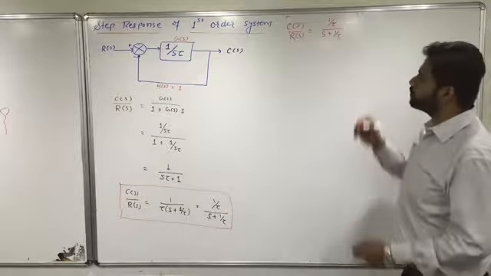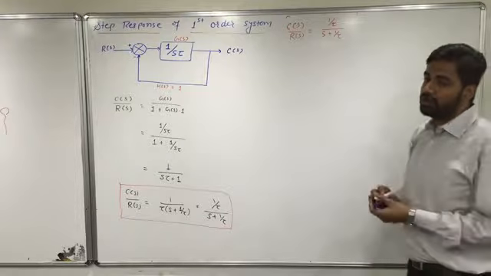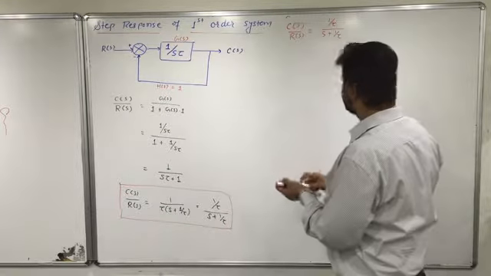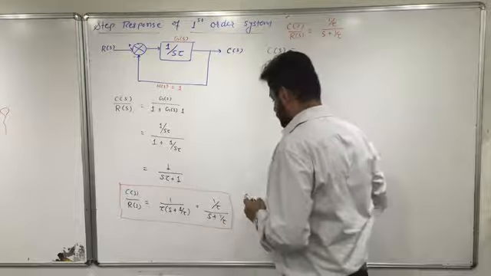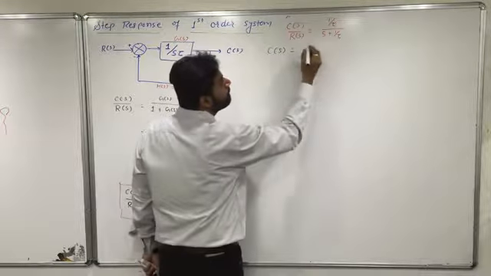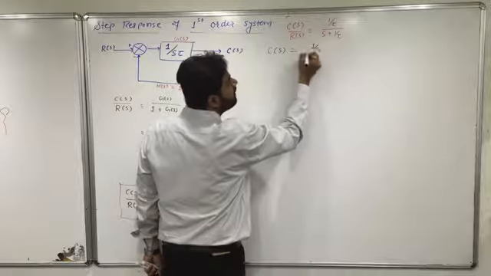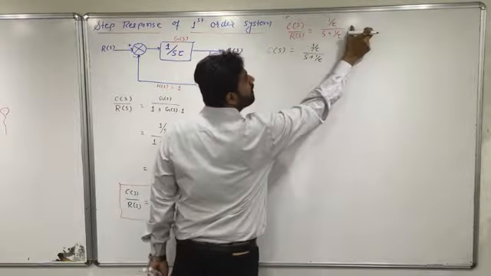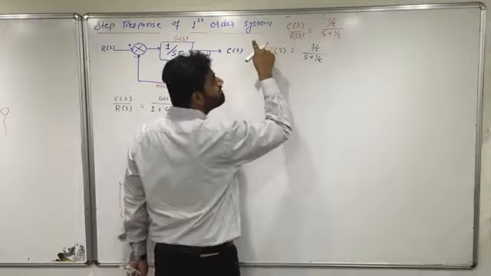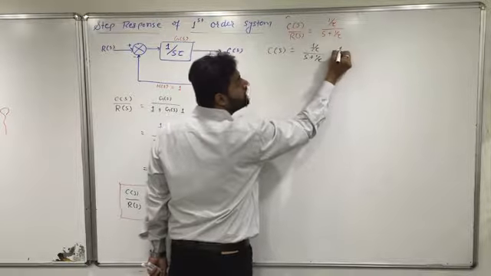I will take R of s over here, and R of s is equal to what? 1 upon s. So C of s is equal to 1 upon tau divided by s plus 1 upon tau, into 1 upon s.